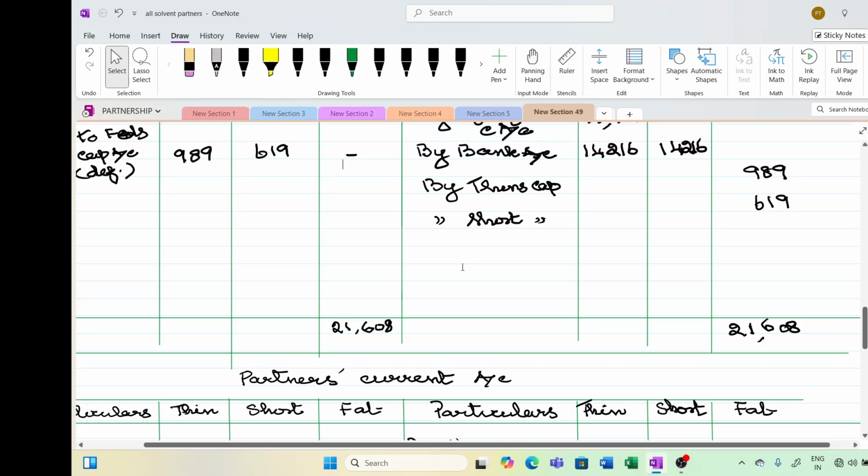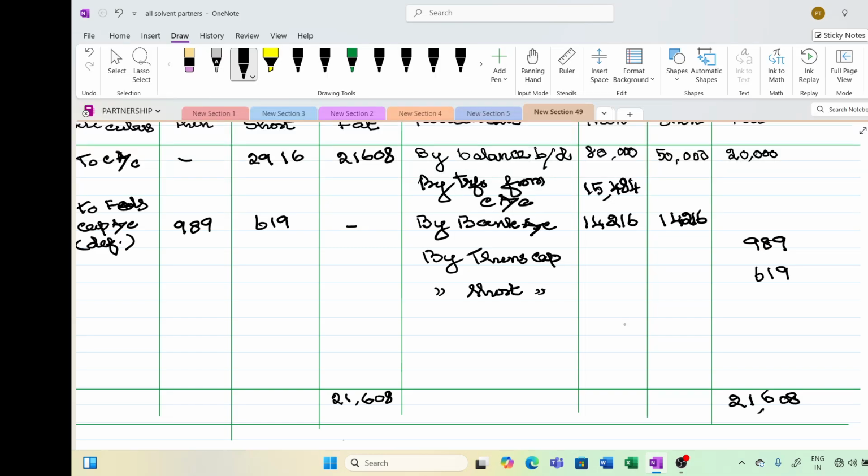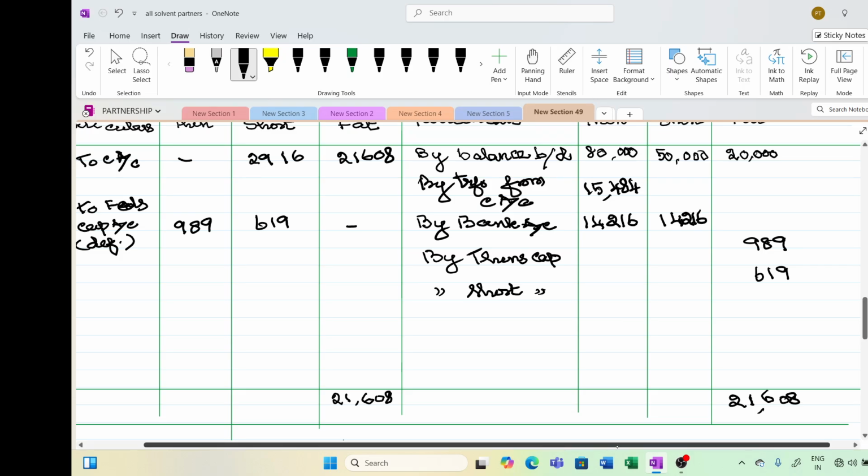Now we are going to close the capital account of them, how much is due to them or due from them. 80,000 plus 15,484 is 95,484, plus 14,216 comes to 1,09,700.